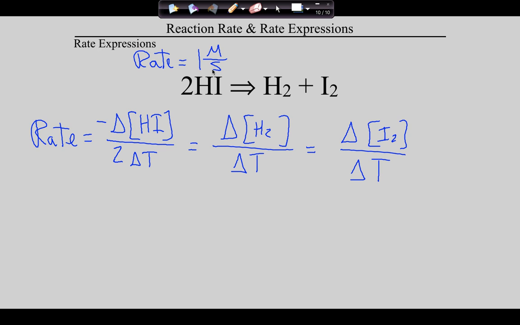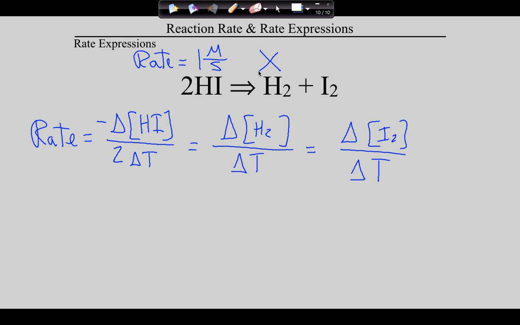I'm sorry. So the consumption of HI is 1 molarity per second. What is the production of H2? And you can probably look at this and see that it's 0.5, because this is being reduced at half the rate this is being consumed.